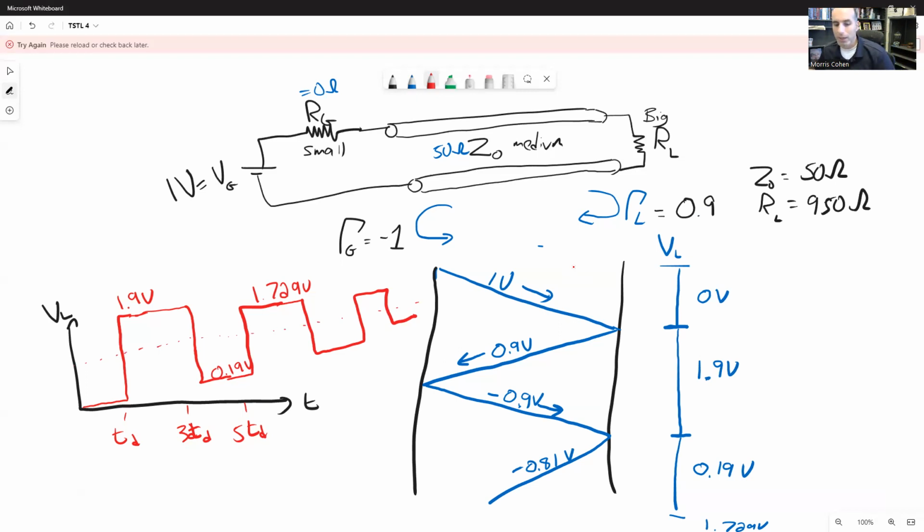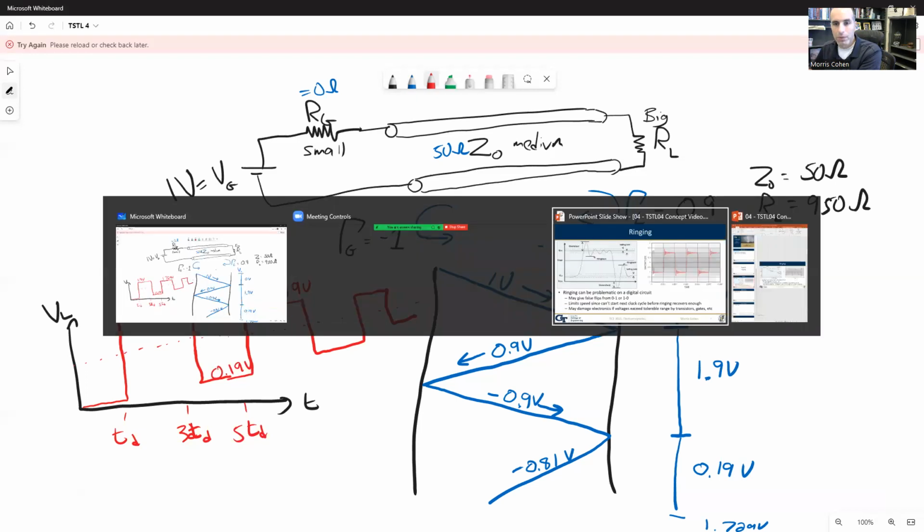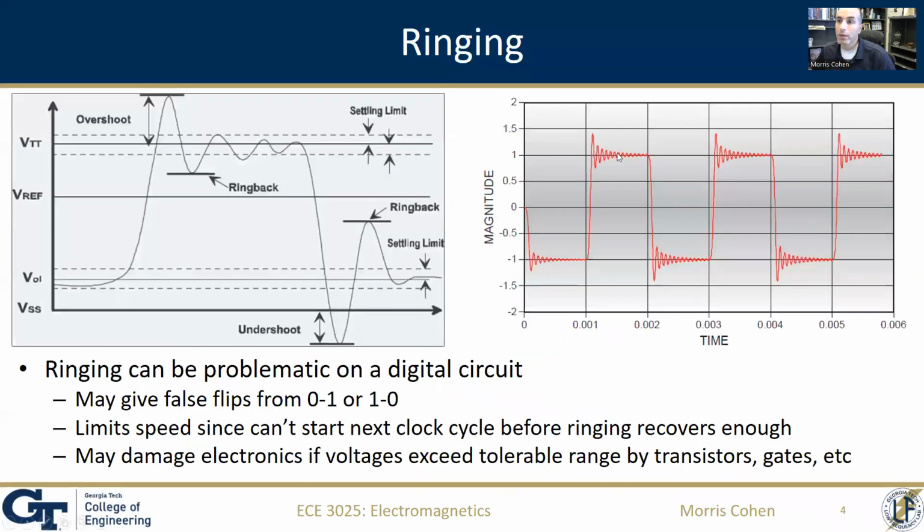This is exactly the ringing that we saw before, right? There is another example in the notes which you can look at more in detail, so you can see this play out over a longer period of time. But long story short, this is the source of where this ringing comes from.